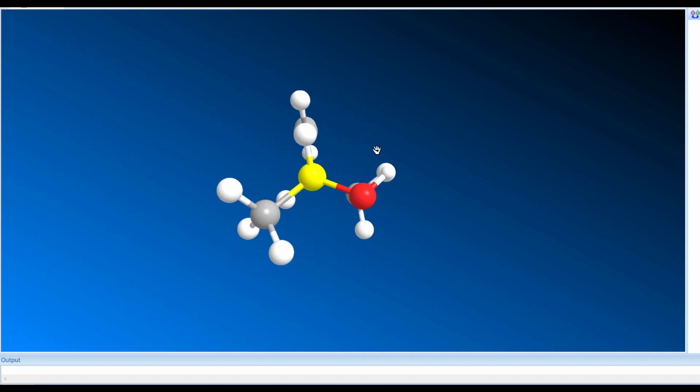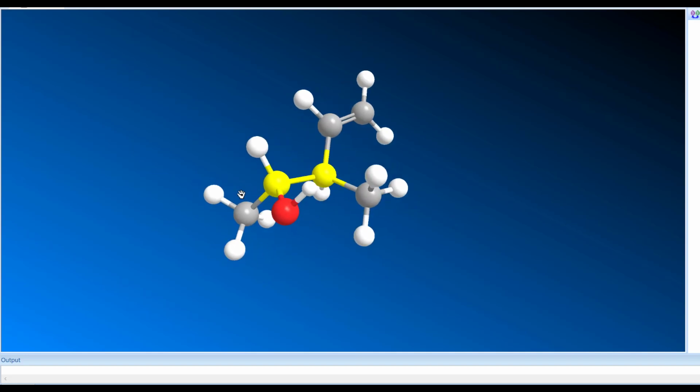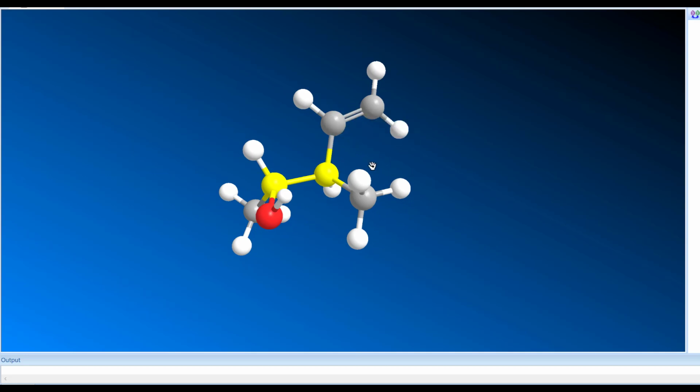You see how nice that is? When we're looking down the carbon, we have to realize that over here there's actually a double bond. I can't rotate it in this program, but you would be able to rotate it on your model kit via the single bond right there, not here.